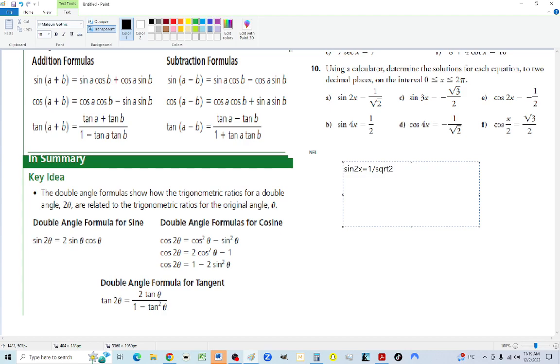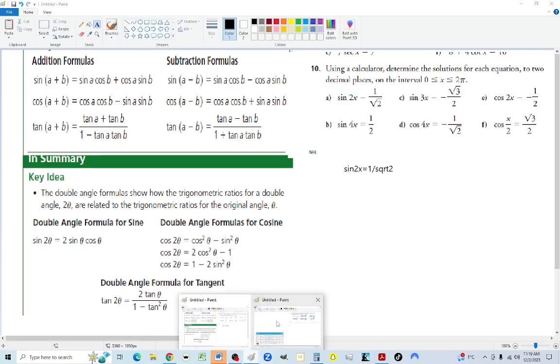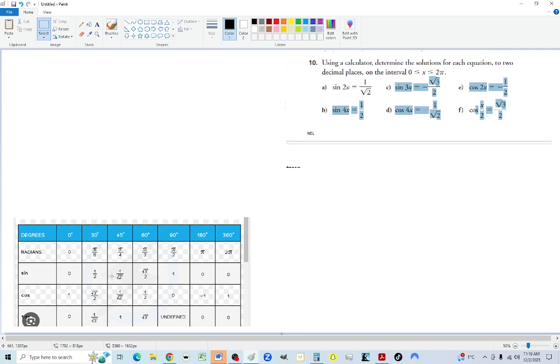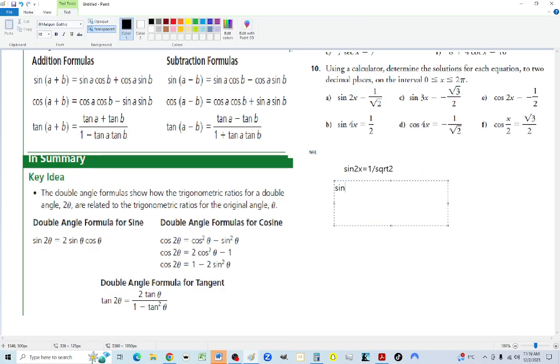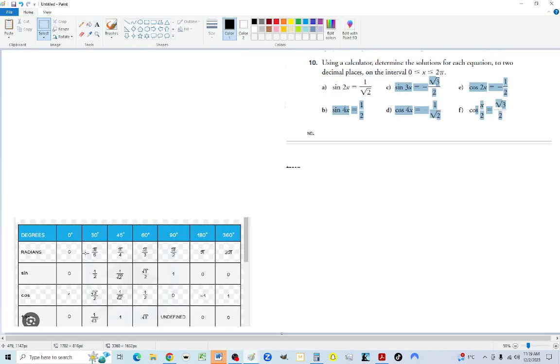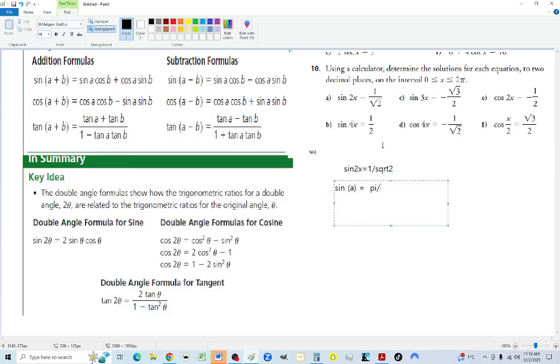Now right away, and actually I don't think I need a calculator in this one, right away we can go to our exact value tables and discover that 1 over square root of 2 for sine is pi over 4. So they're saying sine of double the angle here. Let's pretend for a second that they're just talking about sine of angle A. We discover that that's pi over 4, 45 degrees.